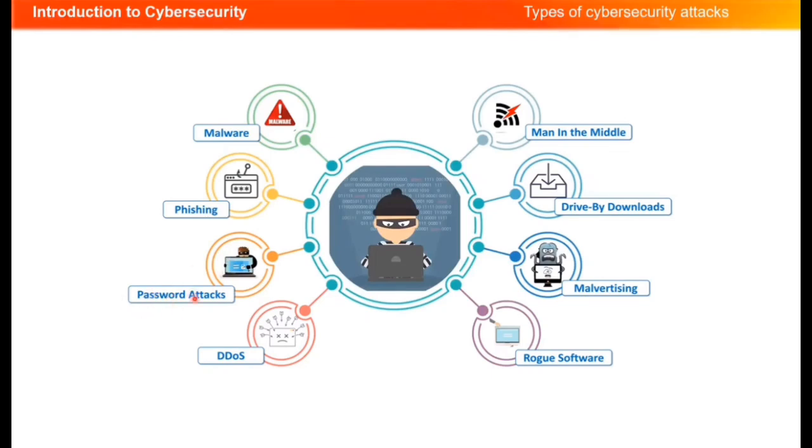Same thing with password attacks. Denial of service is done a lot of times to shut down a business or embarrass it. Malvertising is along the same idea as malware, where you see an advertisement, click on it, and it causes some malicious files to be downloaded onto your computer.